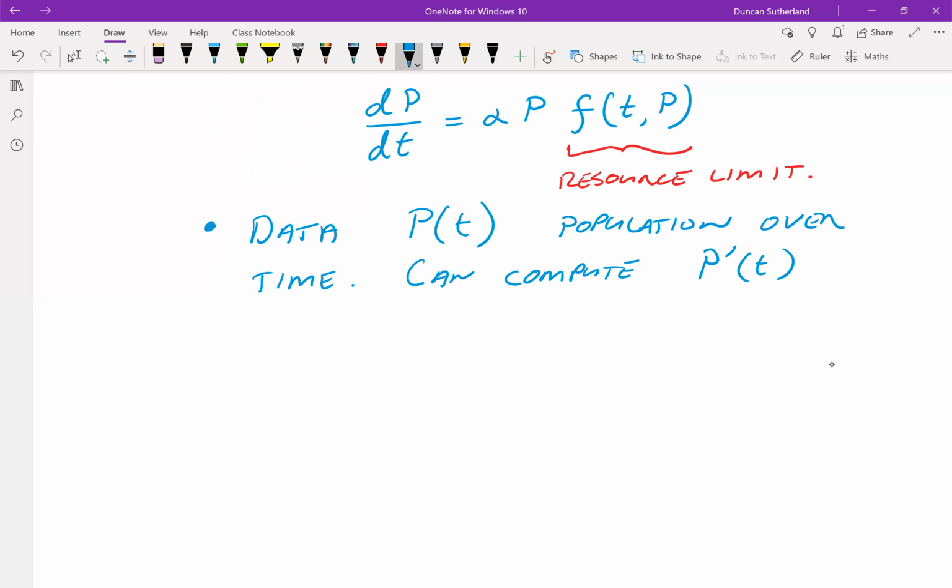Essentially, if you've got data points t, p, to make this a bit more interesting, you've got data points like that. To estimate the derivative, you compute the slope at each point, right?